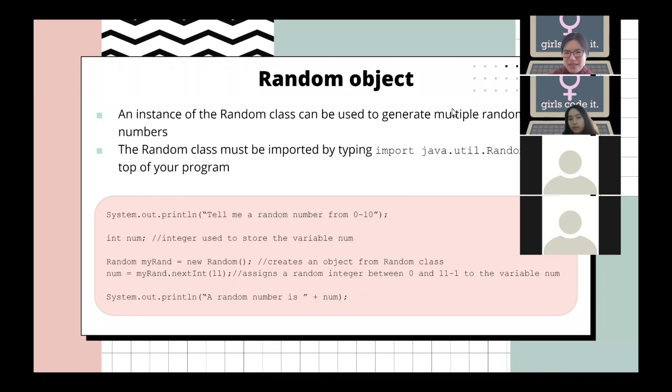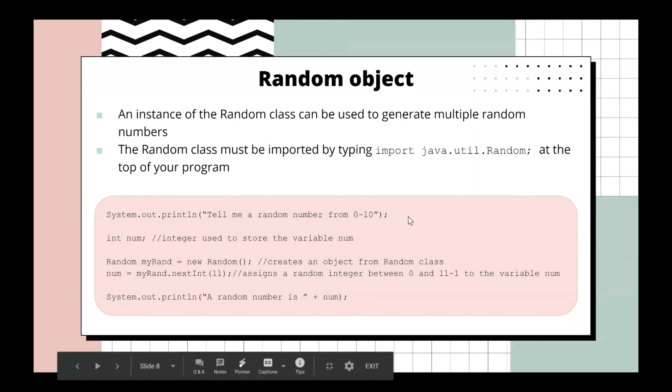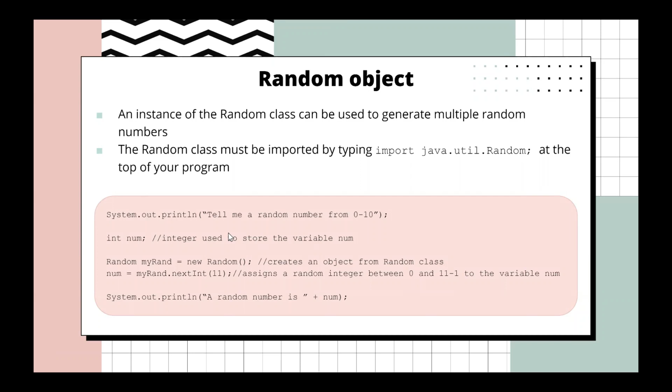It basically tells Java, hey, I'm using this Random class, and you're giving the compiler the blueprint of what the class does, all the methods the class has. So you can use it in the same fashion as this example.